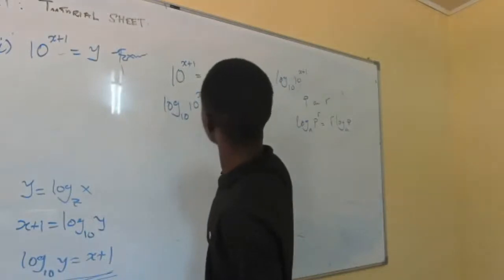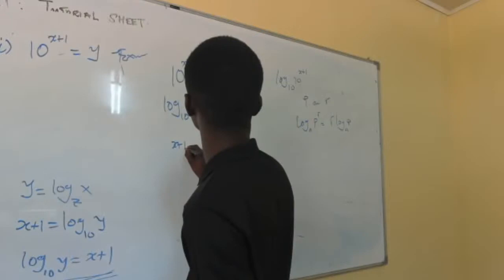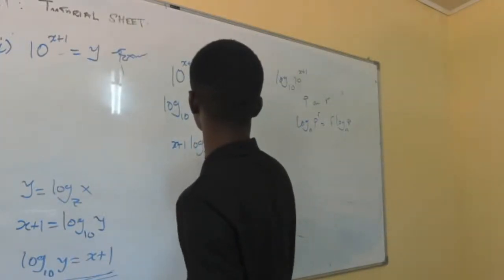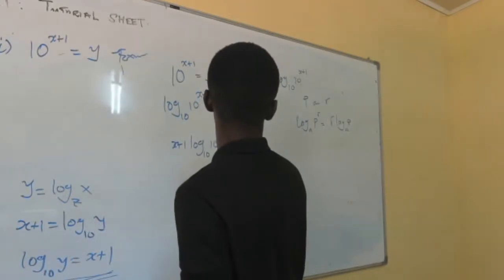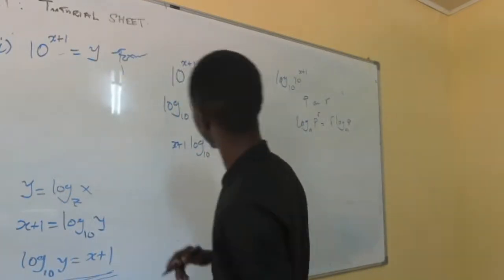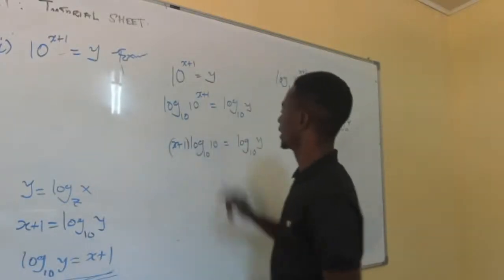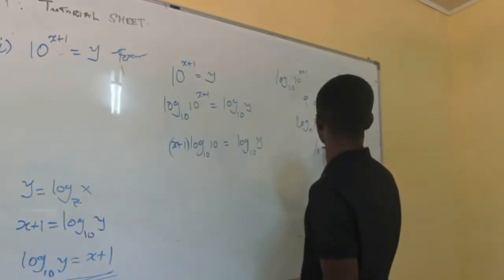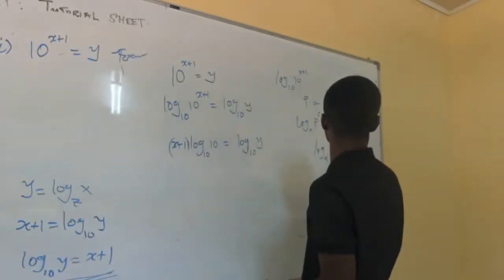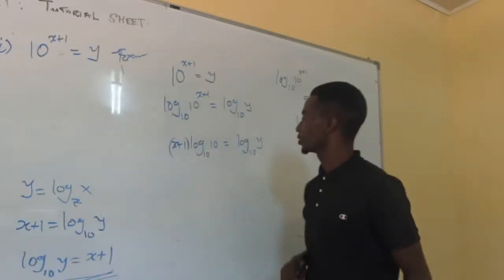So now let's do this. You drop the power there. You say x plus 1 log 10 equal to log 10 y. And we all know that log a a is equal to 1.